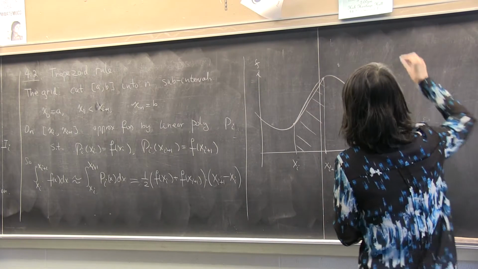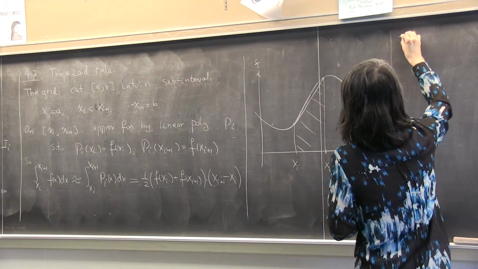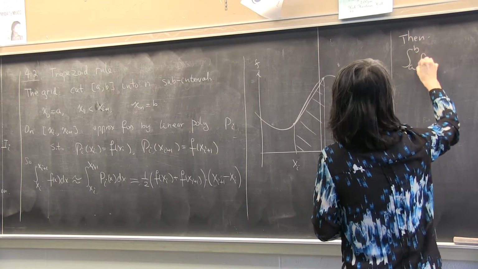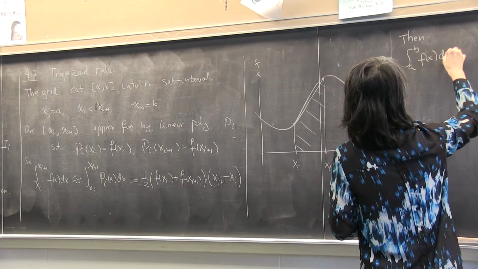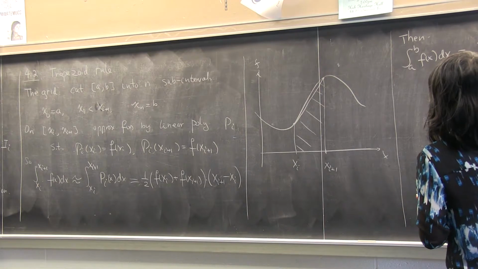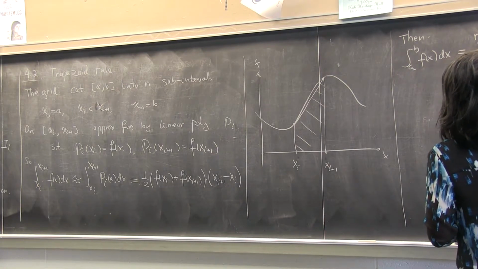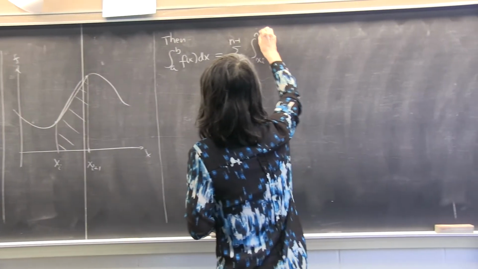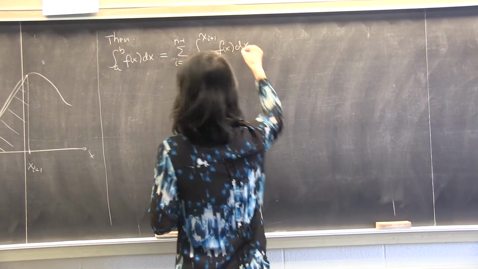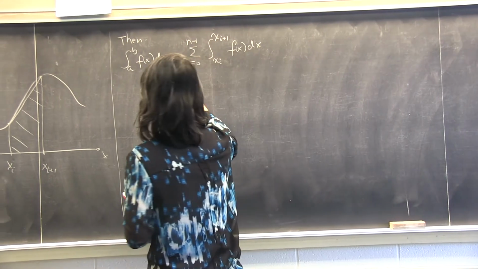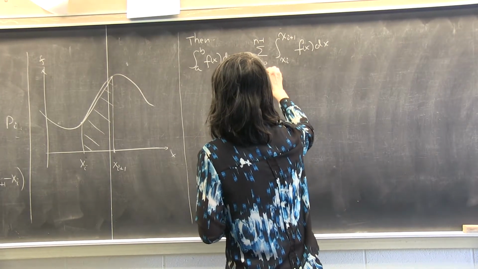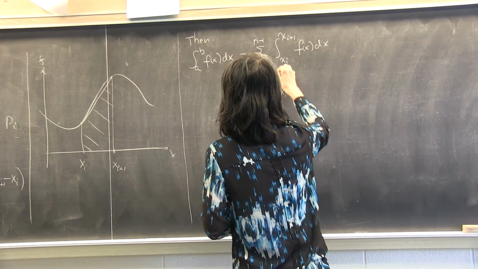Okay? Then we have the following. The integral from a to b of f(x) dx, and you cut it up into the sum for i from 0 to n minus 1 of the integral from xi to xi plus 1 of f(x) dx, right? And then you approximate this with the trapezoid, with the polynomial.